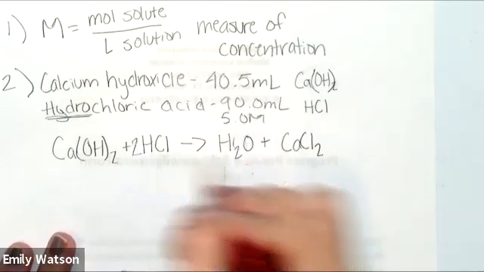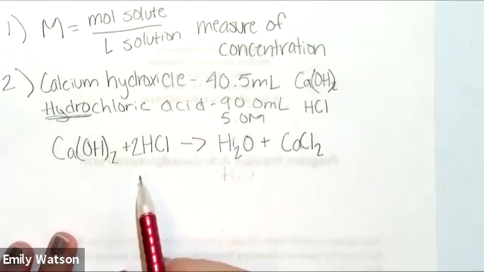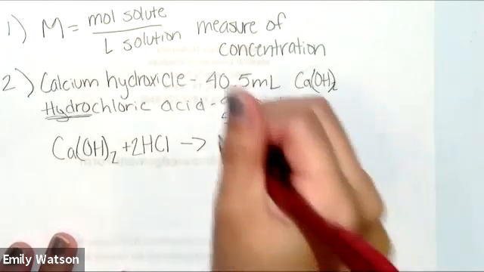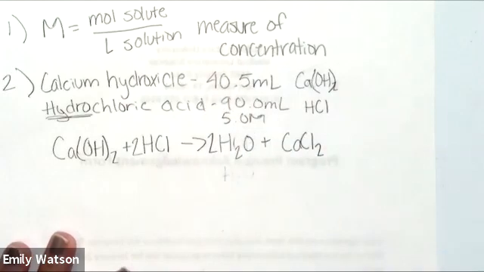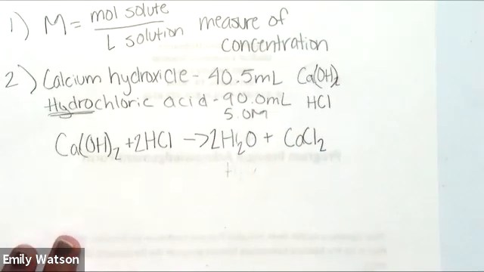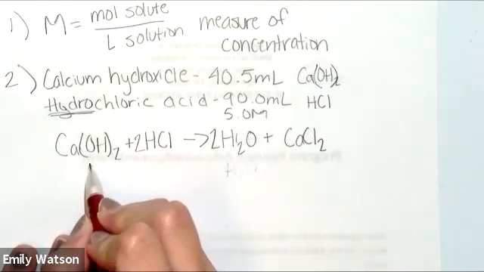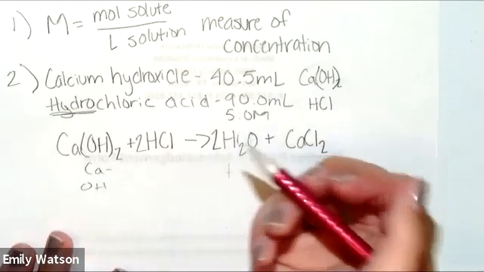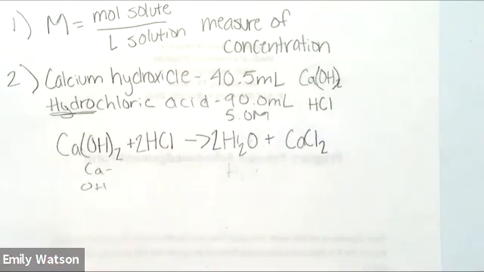2HCl for this chlorine here. And then what? 2H2O. If you're still having trouble balancing, write out each part: how many calciums, how many hydroxides, how many hydrogens, how many chlorines, and then balance everything out that way.